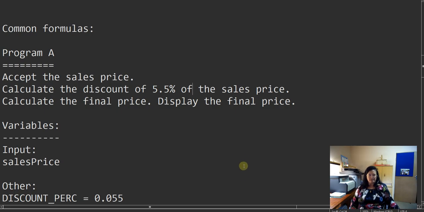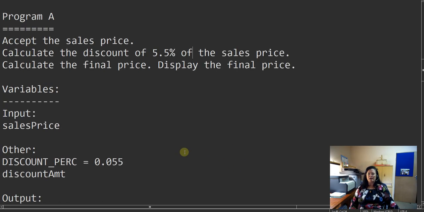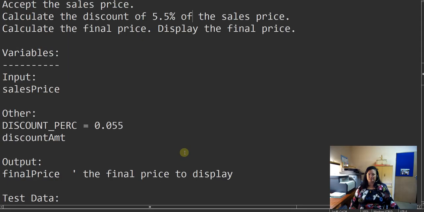Okay, so discount, that means I will have the following variables. Sales price, discount percentage, and discount percentage is a fixed value. It's given in the problem statement to me. So it's all uppercase characters, and I assign that already.